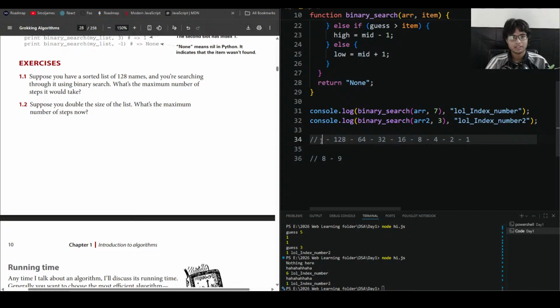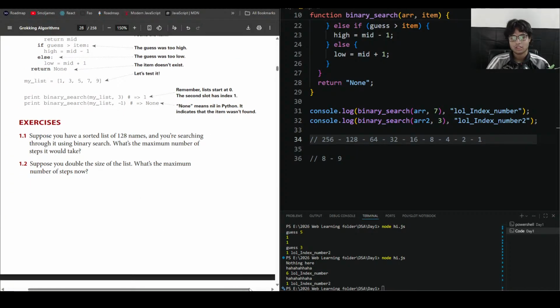If I doubled it, that's 256. Yes, 128 doubled is 256. That's right.